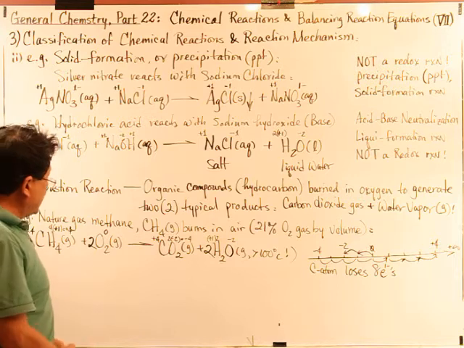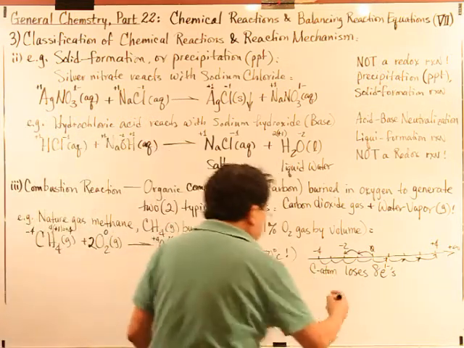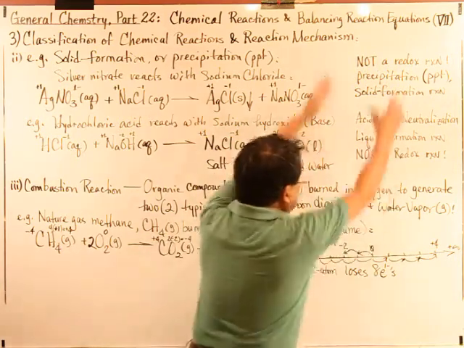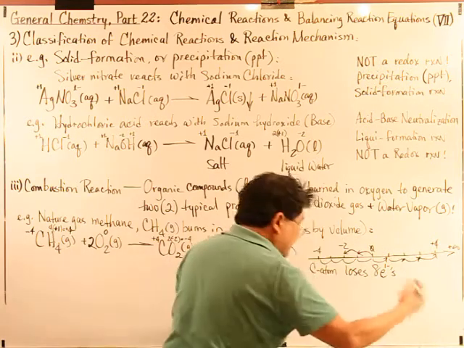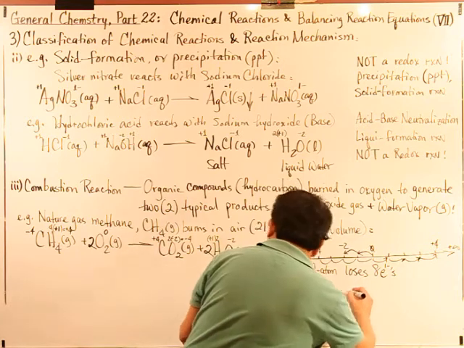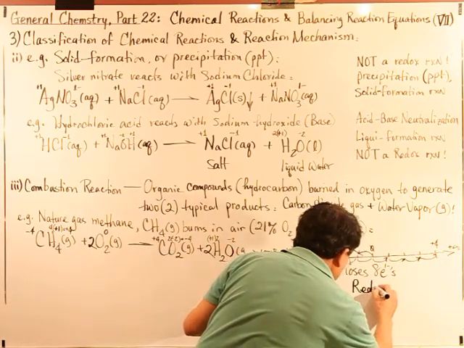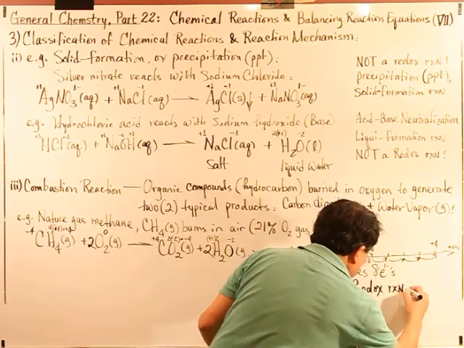So this kind of reaction is not called gas formation. So you can define it, right? The combustion reaction can also be called, we remember that column, also classified as what? As redox. Redox reaction, right?